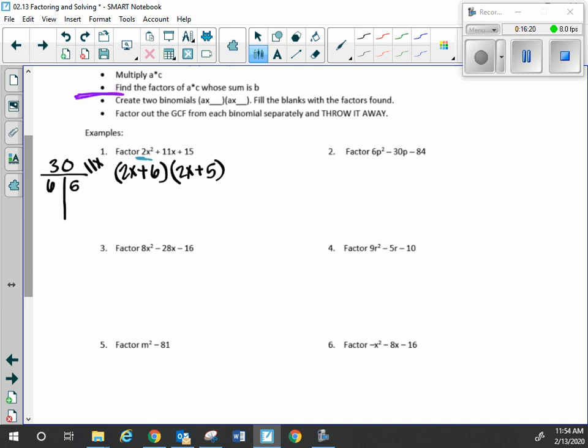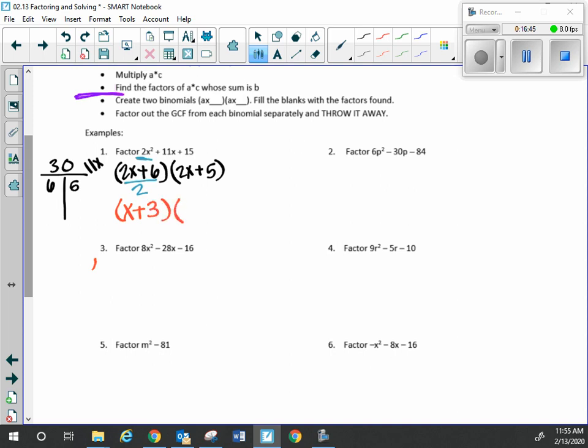I'm not factoring it out to the front because I don't need it. I need to factor the 2 back out. So look at your 2 factors. Which one will both terms divide by 2? 2x plus 6. So I'm going to divide that by 2 to get that a value out. When I divide it by 2, what's left? x plus 3.